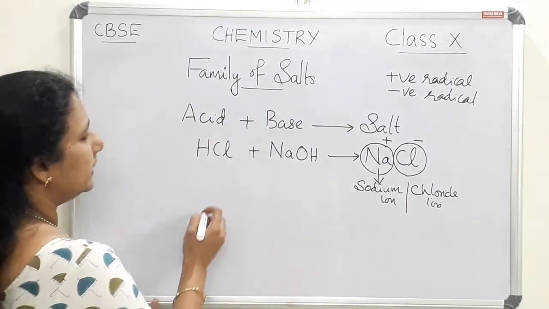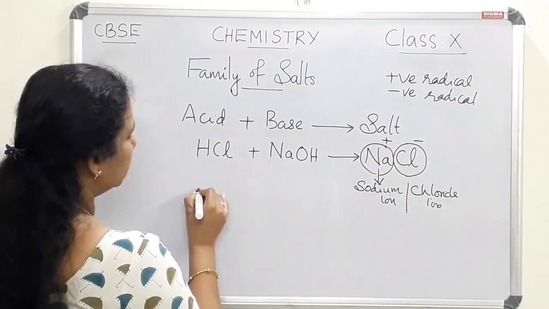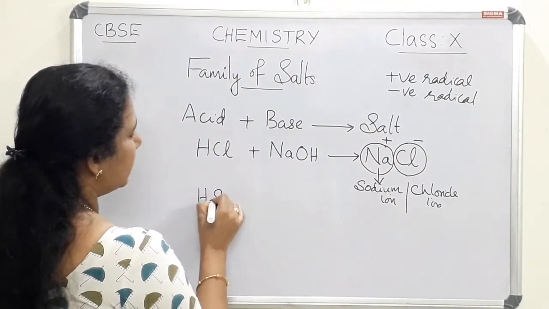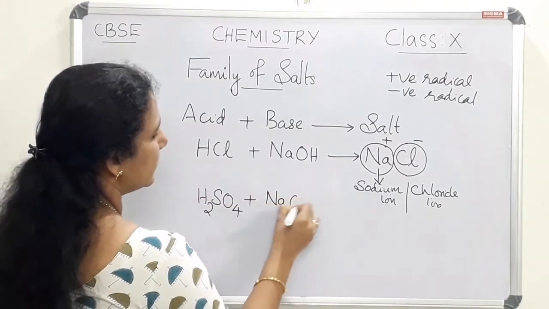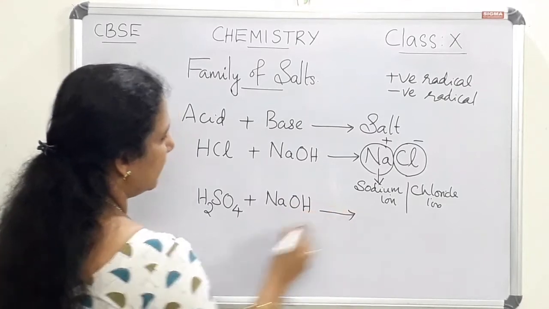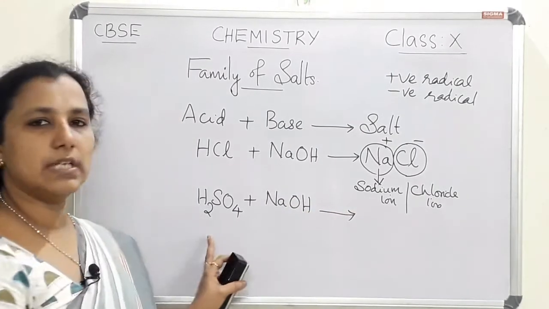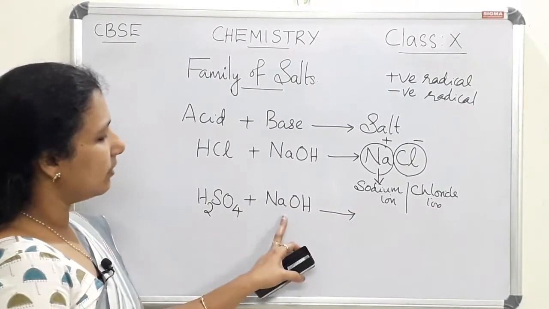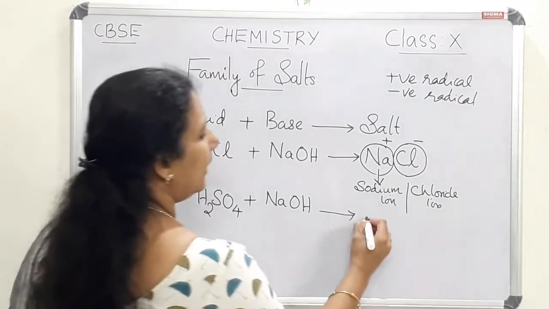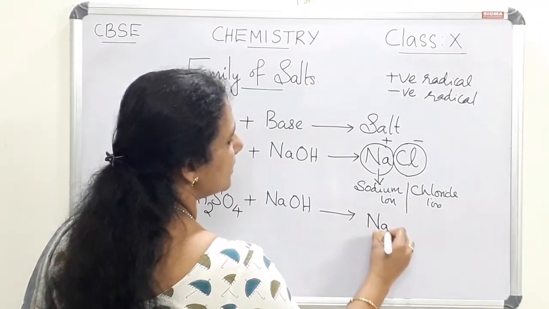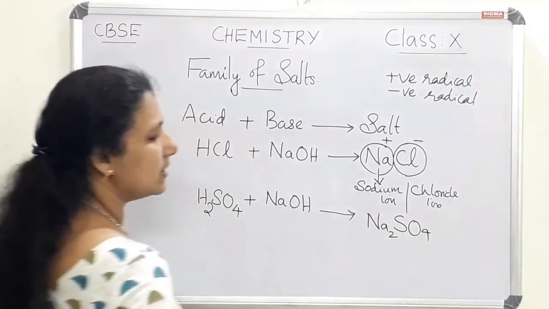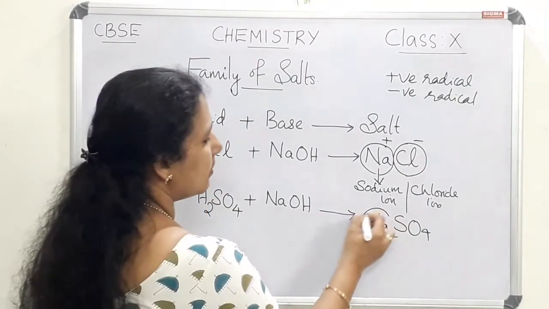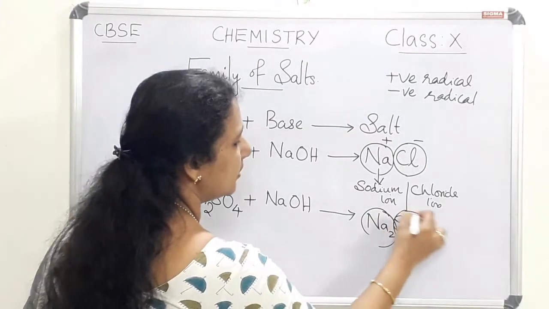Let us take another example: H2SO4, another acid, and sodium hydroxide, the same base. H2SO4 is sulfuric acid, sodium hydroxide is a base, and the corresponding salt is sodium sulfate, Na2SO4. In this case also we can see two parts, positive and negative.